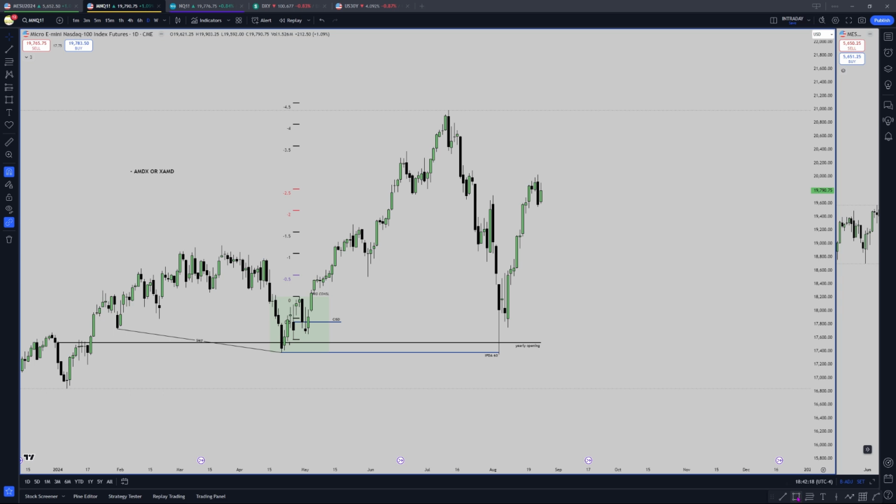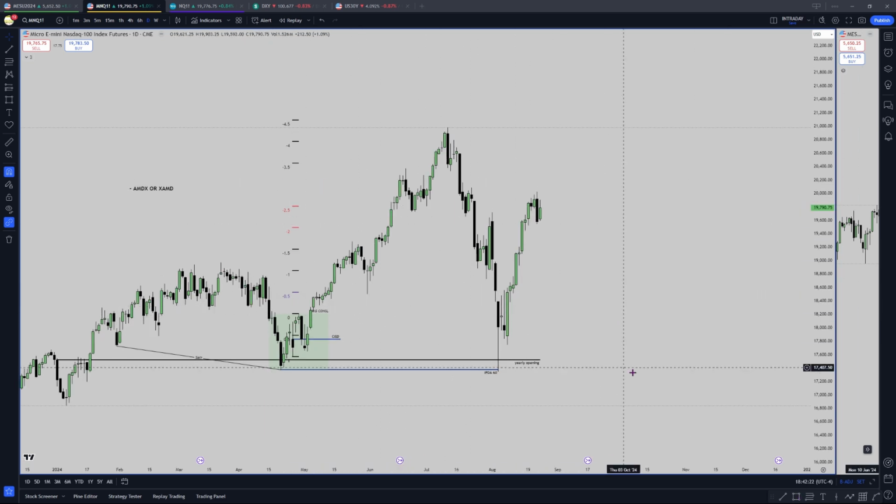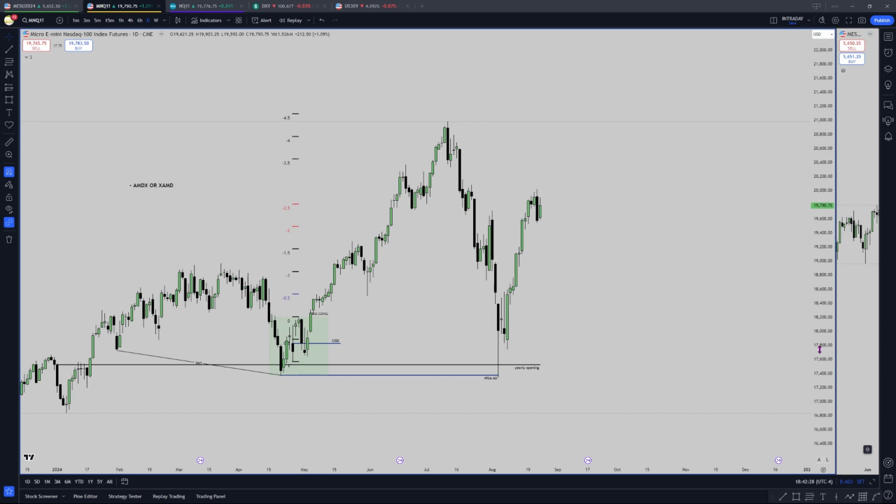So standard deviations are very important if you know how to use them. Not a lot of people teach about this, but the key levels for your standard deviations are -1, -2 or -2.5, and your -3.5, -4, and -4.5.